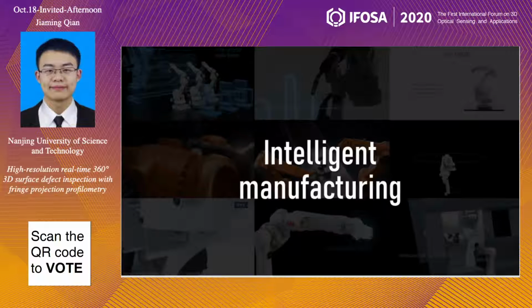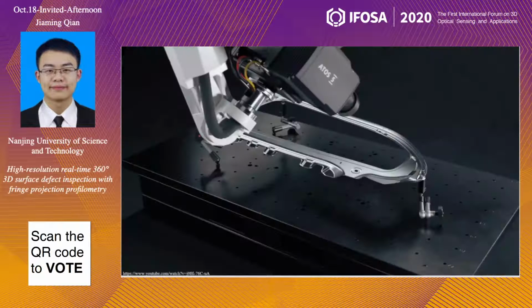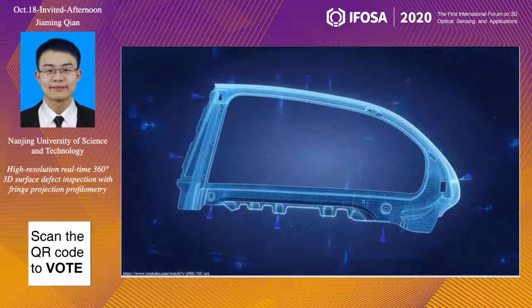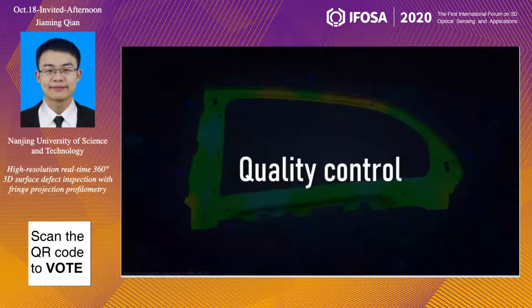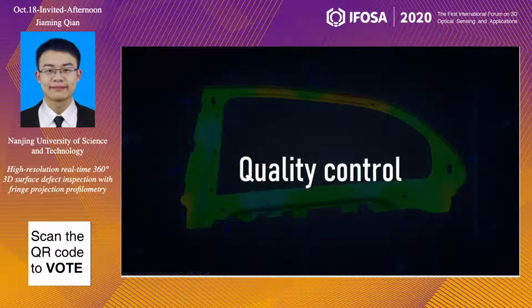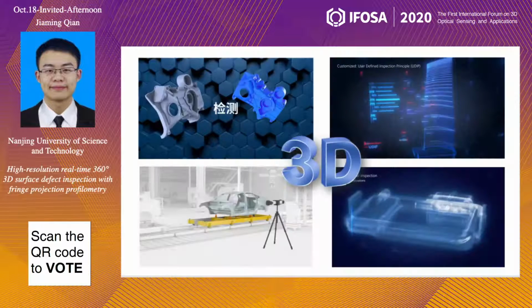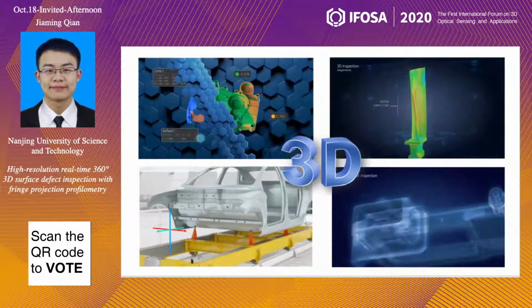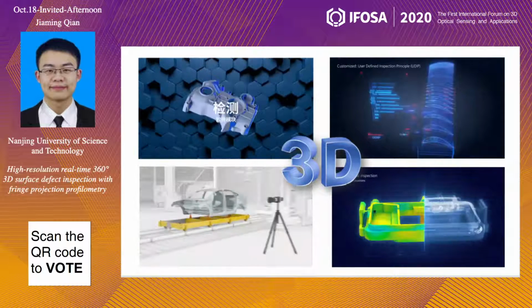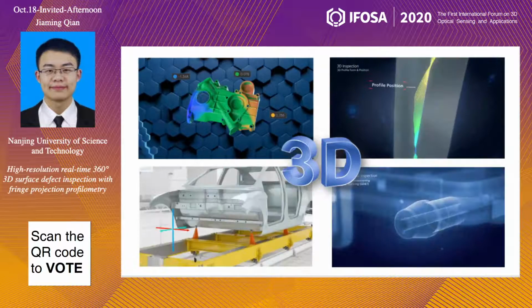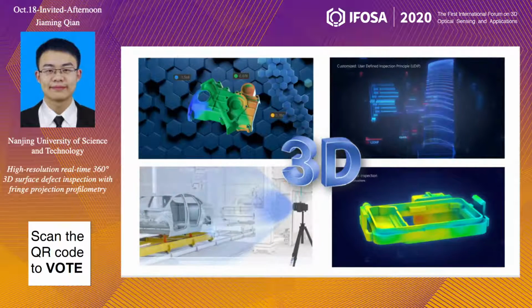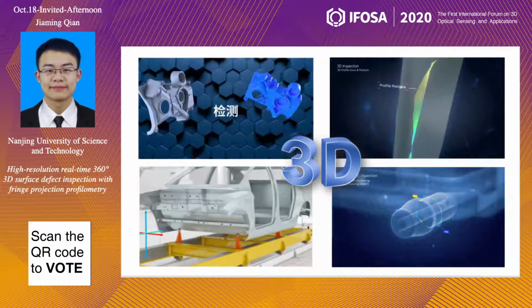In the field of intelligent manufacturing, how to ensure high-quality standards through rapid and accurate inspection technologies is one of the biggest challenges. Nowadays, 3D optical quality control has become one of the most important inspection technologies because of its more reliable accuracy and higher efficiency than traditional manual inspection methods.